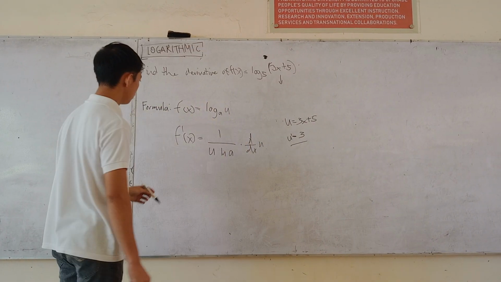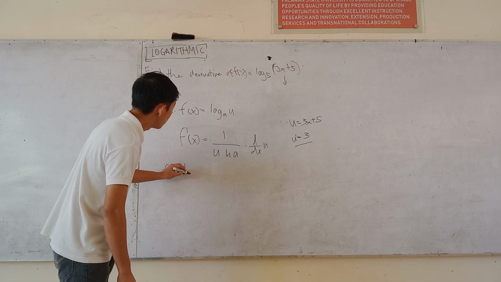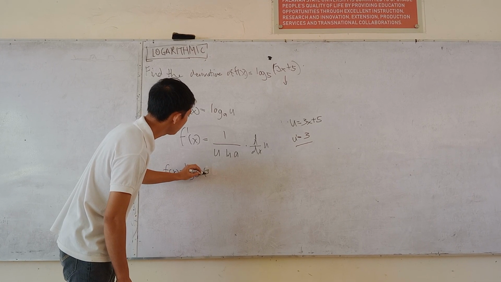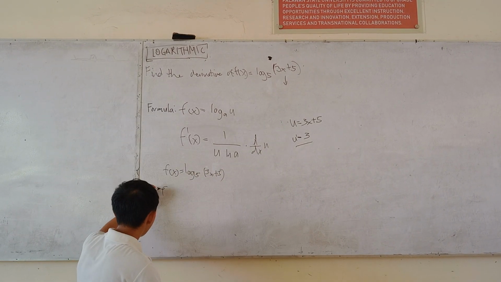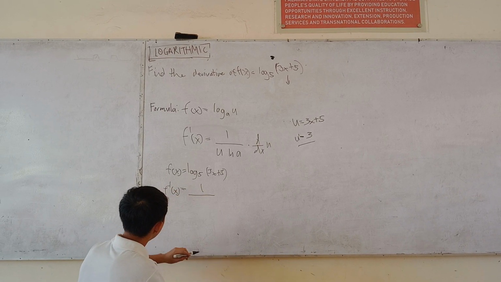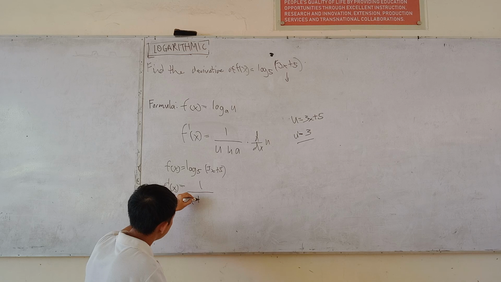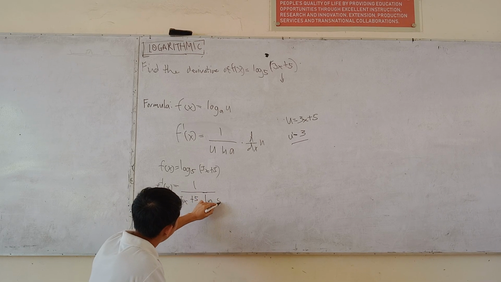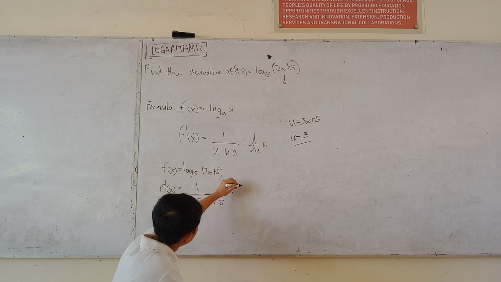So f of x is equal to the logarithm base 5 of 3x plus 5. The derivative of f of x is equal to 1 over u, which is 3x plus 5, ln 5, times the derivative of u, which is 3.